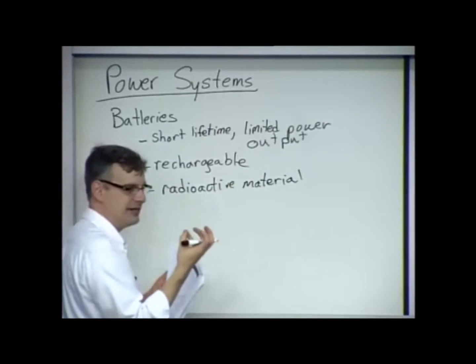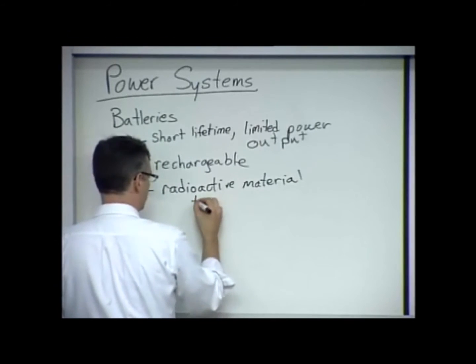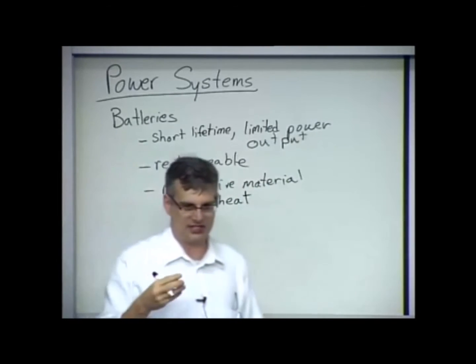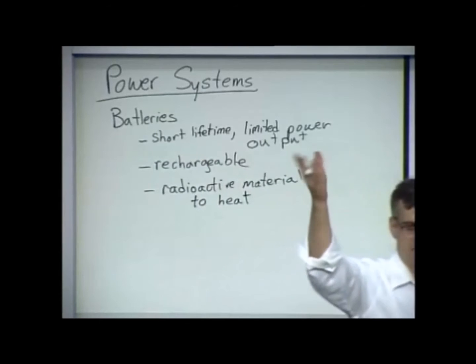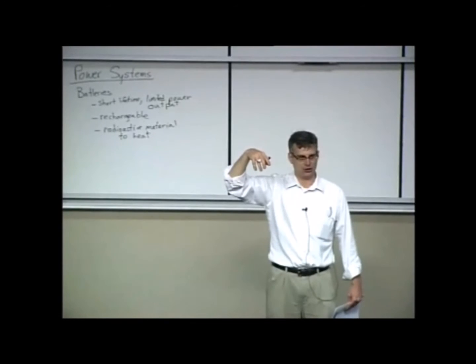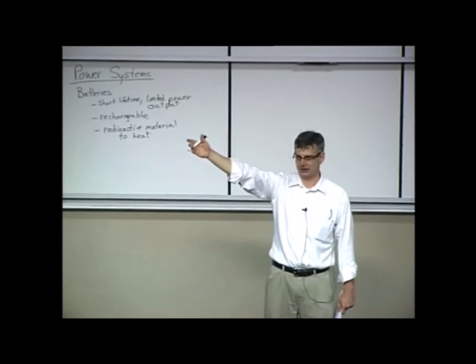They contain some heavily encapsulated radioactive material to heat the batteries. This is material that has a half-life of, I don't know, 10 years or so, and it will slowly stay warm at a reasonable temperature well over the lifetime of the battery that you're designing.